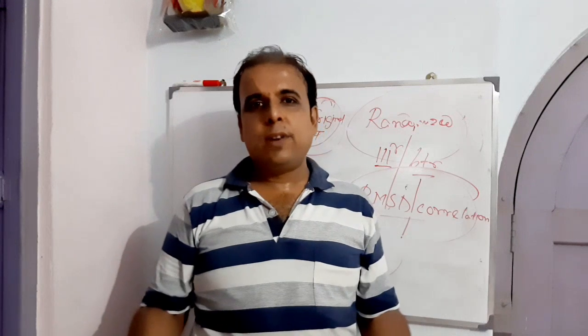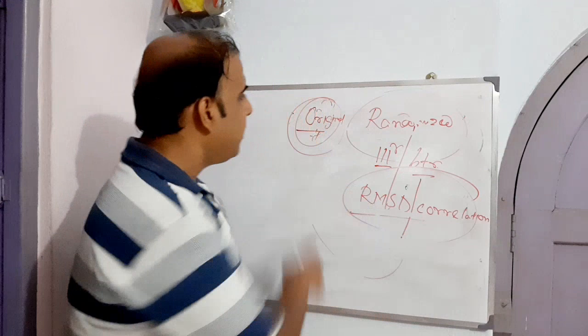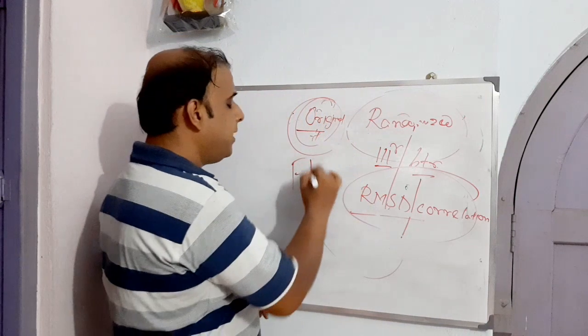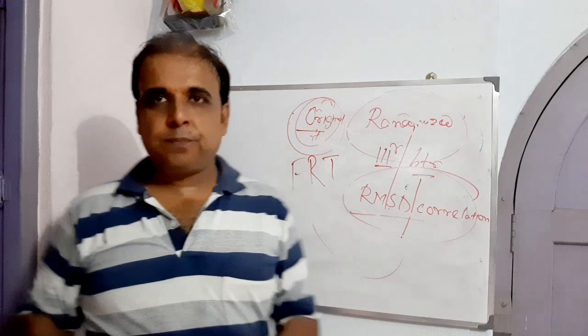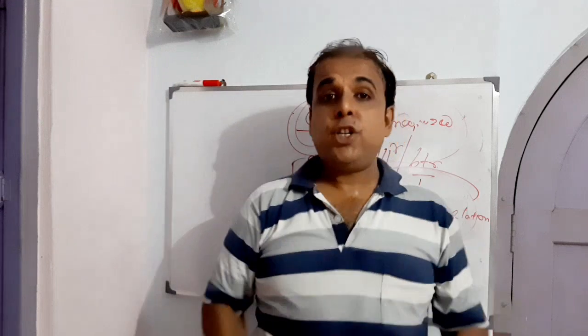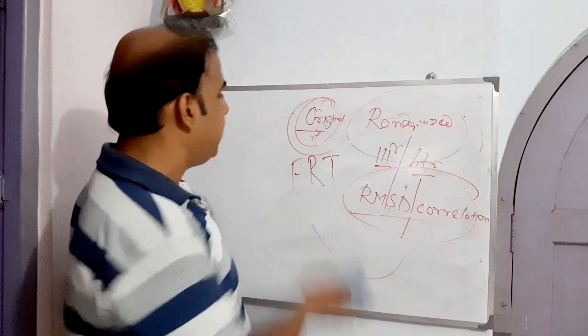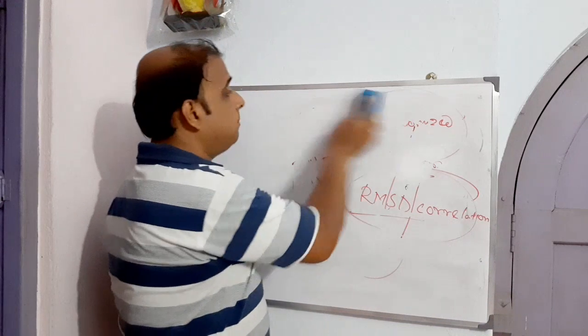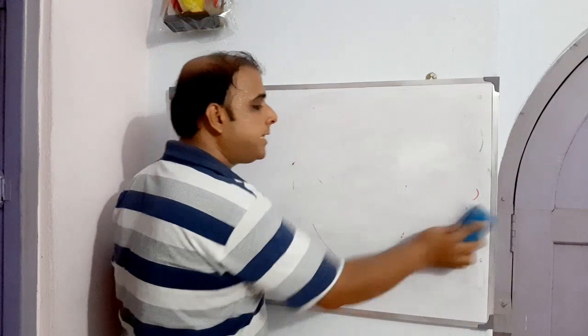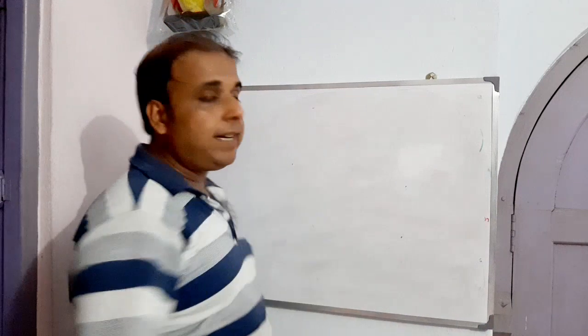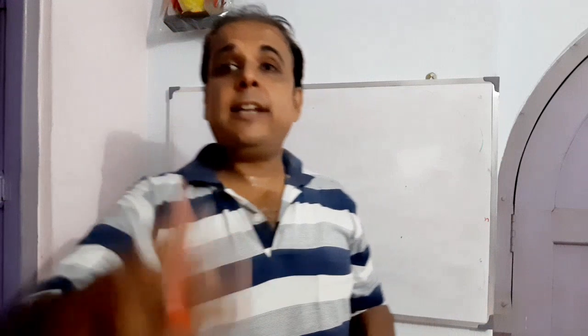So this is Fisher's randomization test, the final step in Pharmacophore modeling. Now let us move to the next one, test set prediction.